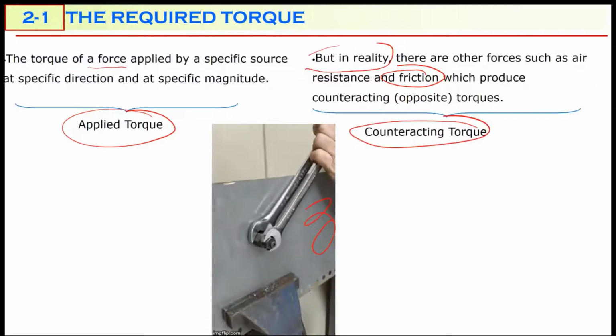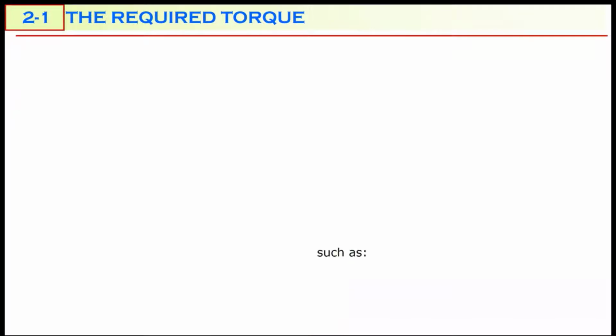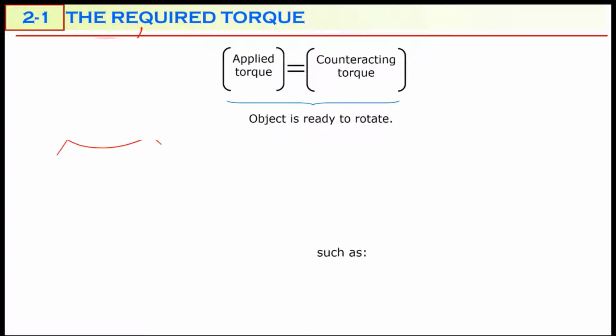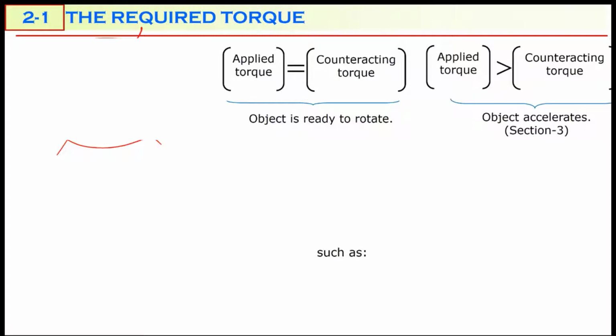If the applied torque is equal to the maximum value of the counteracting torque, the object is ready to rotate. But if the applied torque by your hand is a little greater than this counteracting torque, the object will start rotating.